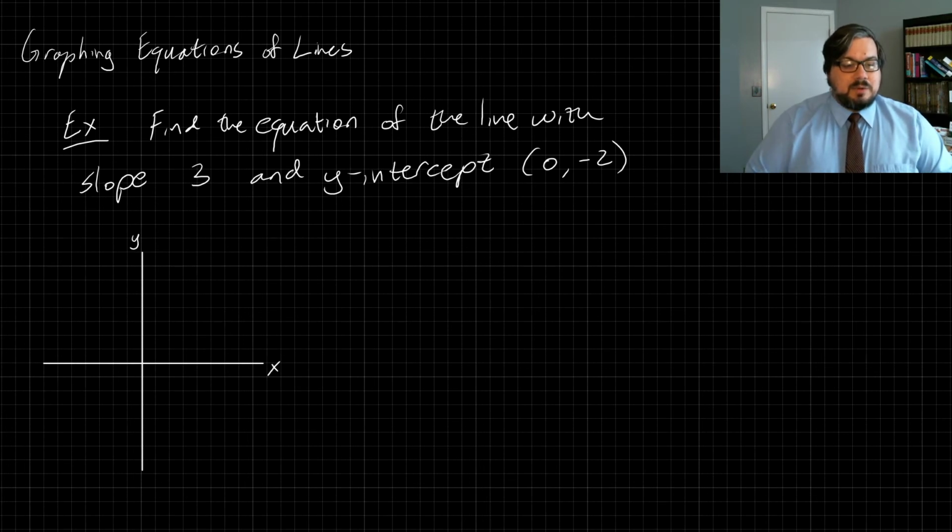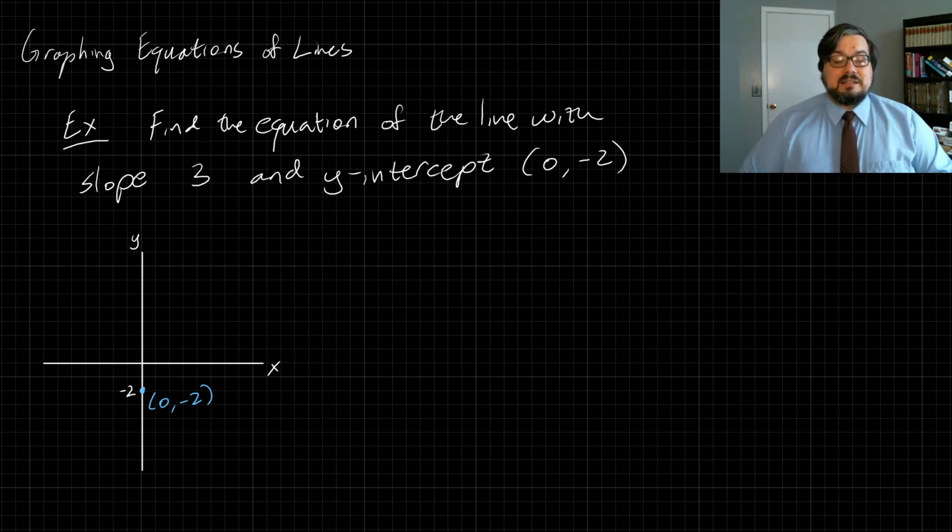And that means that the line passes through that point (0, -2), where the line passes the y-axis. Then we're told that the line has slope 3.